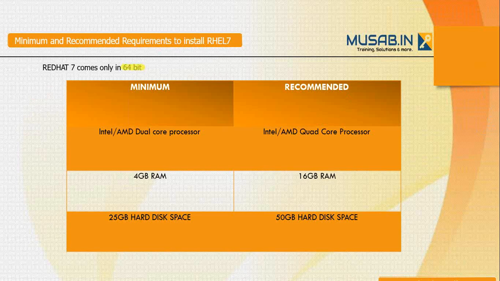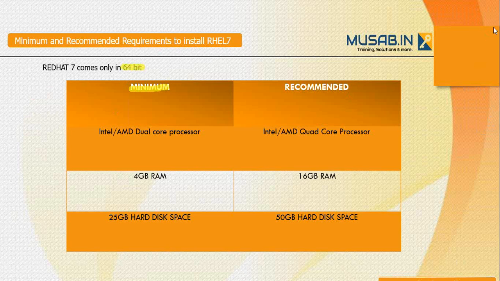So in that, as you see, we have two requirements: minimum requirement and recommended requirement. Minimum requirement is at least what you should have in order to do this installation, without which the installation is not at all possible.